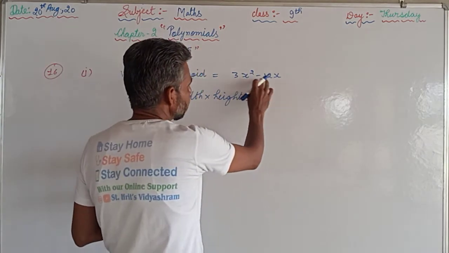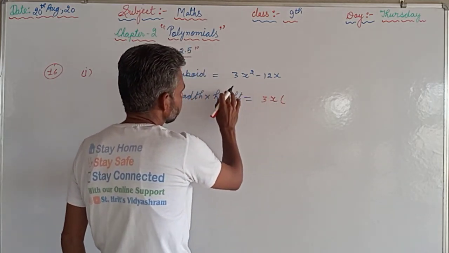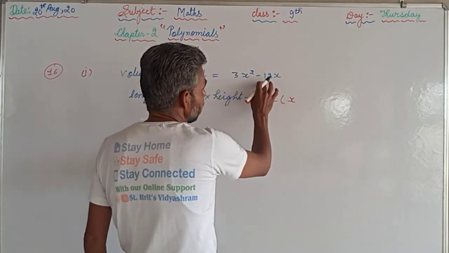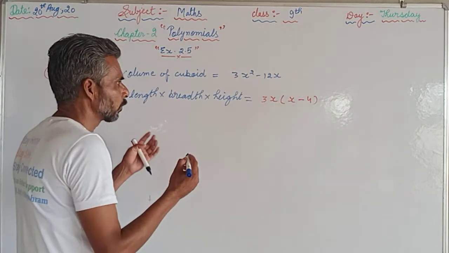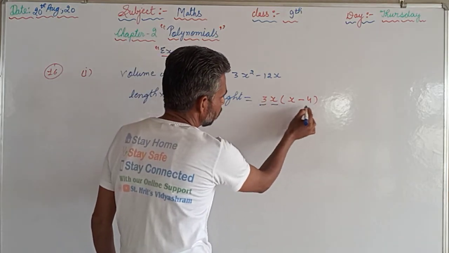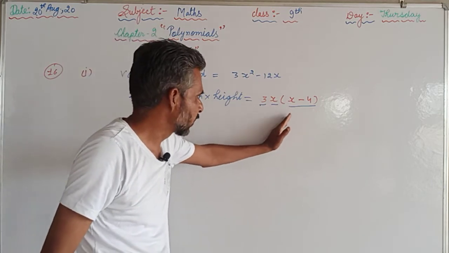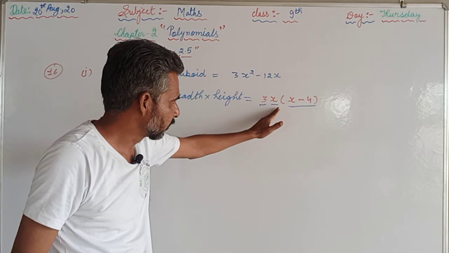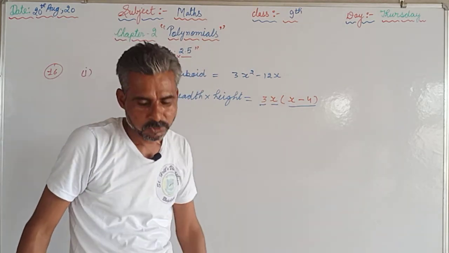And now we can take the common from here, that is 3, and x is also common, so 3x taken common from here, so x is remaining here, and from here minus 4. So from here we can say we are having three factors, 1, 2 and 3. Either of them can be length. Length can be x minus 4, x or 3. Suppose 3 is the length, then x will be the breadth and x minus 4 will be the height of this cuboid.